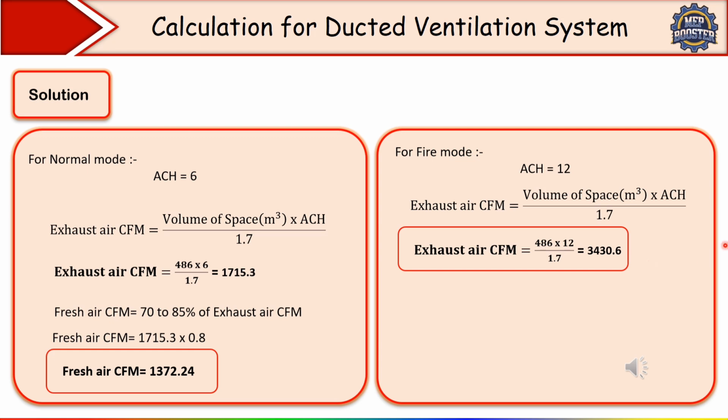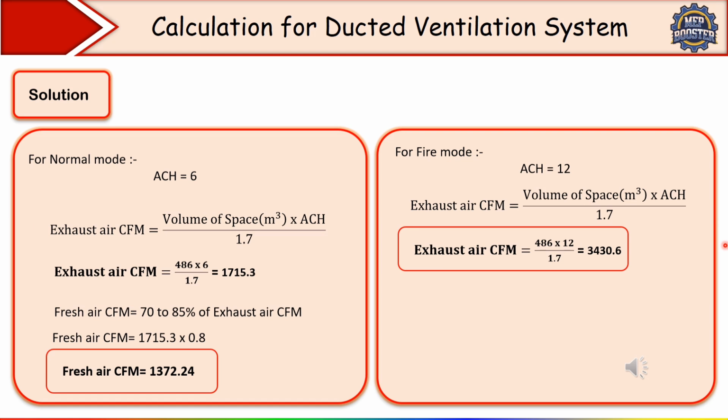Now remember, in case of normal mode we have to supply fresh air, but in case of fire mode in a car parking ventilation system, we don't need to supply fresh air. Why? Because for fire we need three parameters: oxygen, heat, fuel. If one of them is not present, fire will not occur.